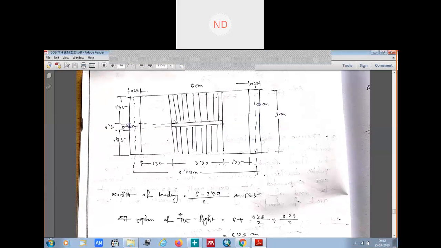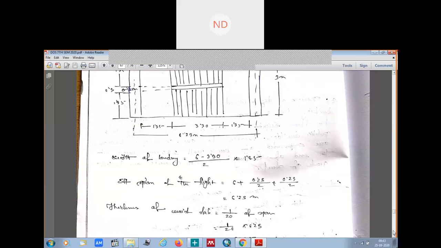It is always equal. So 1.35 we had calculated as the width of the landing, so the width of the stairs is also 1.35. From the 3 meter, when we subtract these two, we get the spacing between the two flights, which is 0.3 meter. That means this free space between the two flights is 0.3 meter.